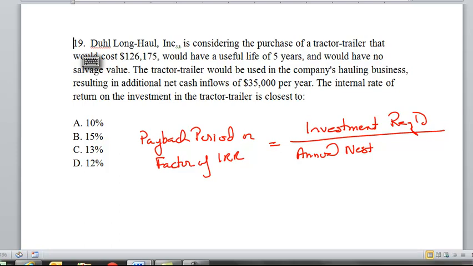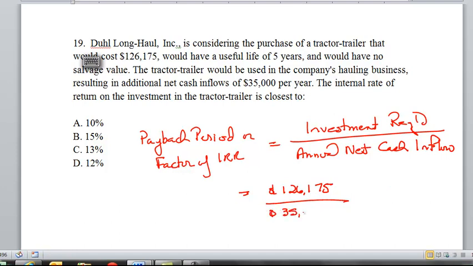Oops, I keep saying nest instead of net. So the investment required is the $126,175. The annual net cash inflow was given to us as $35,000. So that would give us 3.605. And that could either be years or the factor if we're trying to find the internal rate of return.